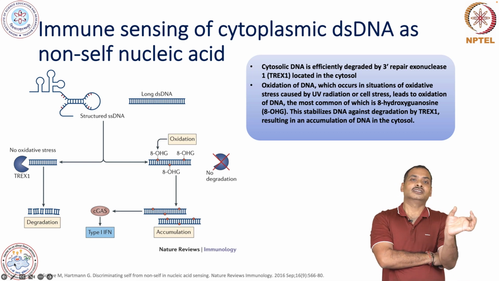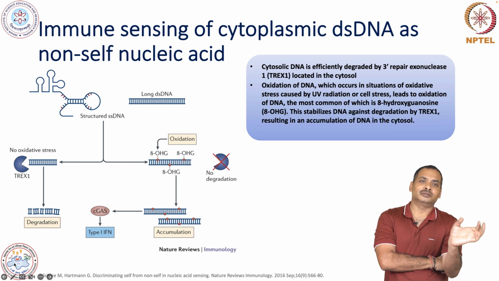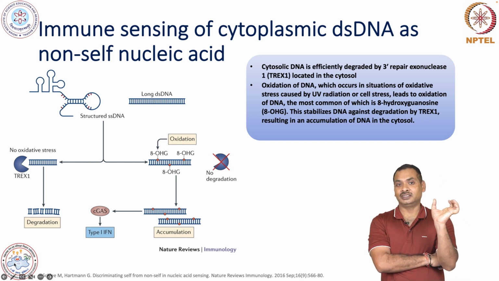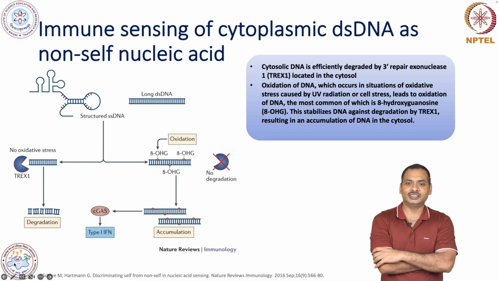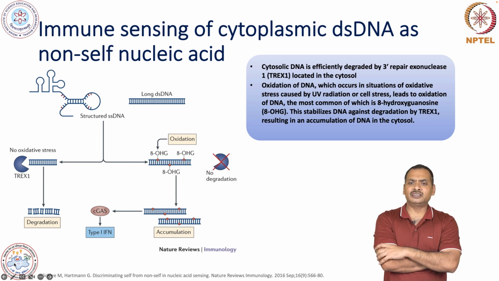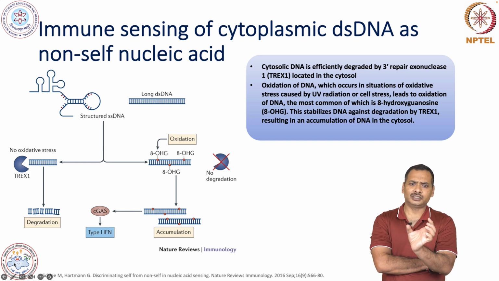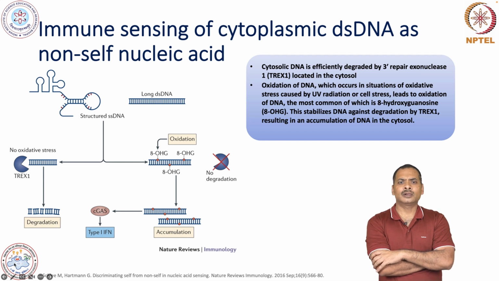You have studied various redox reactions in various biochemical pathways where NADPH is involved. But here you can see the DNA also undergoes oxidation, the most common product of which is 8-hydroxyguanosine.